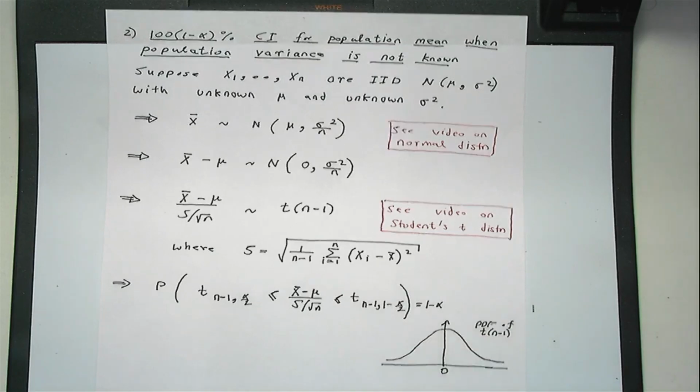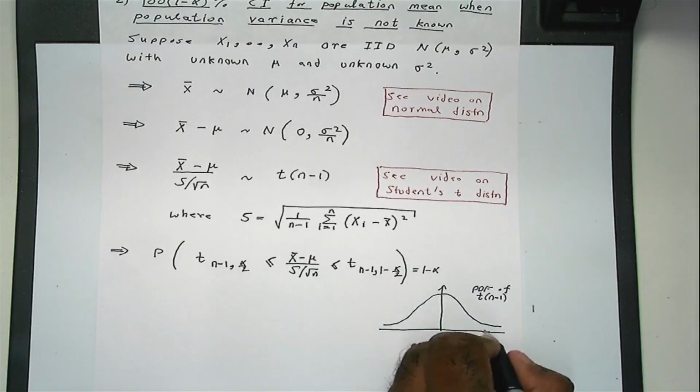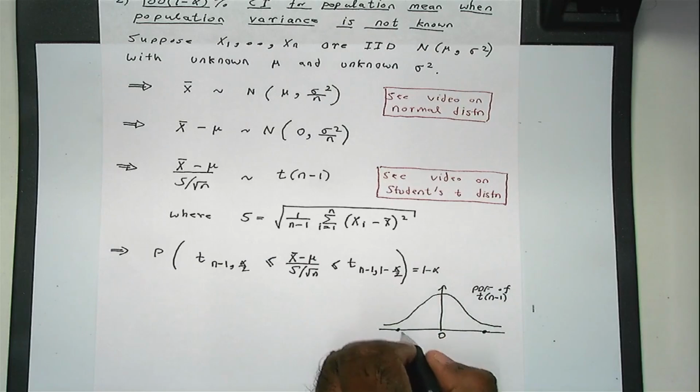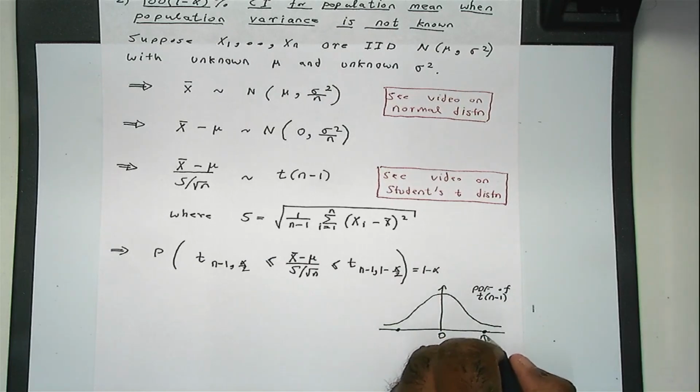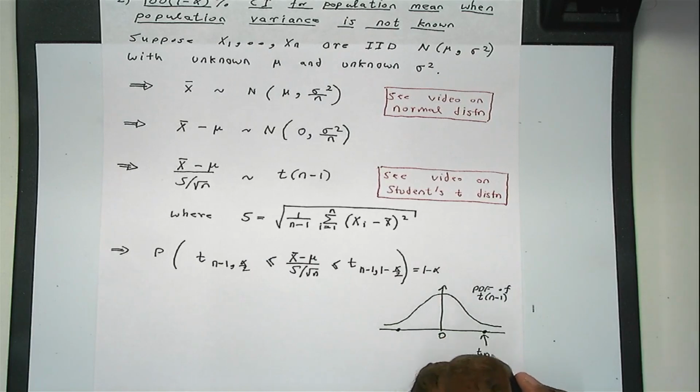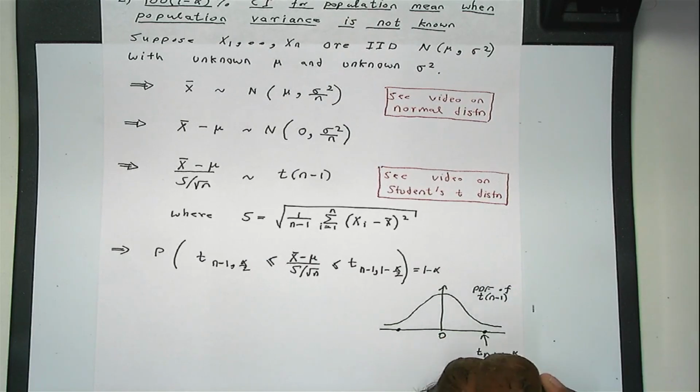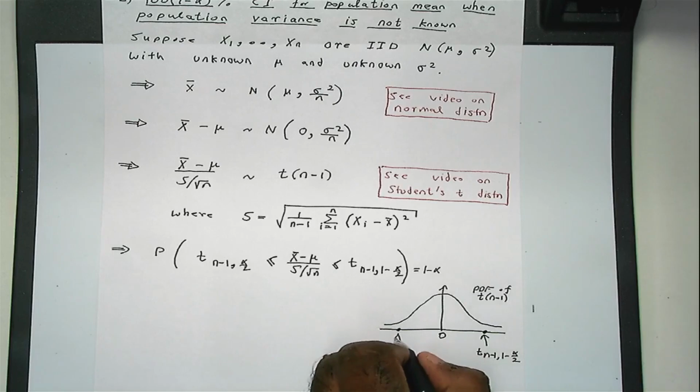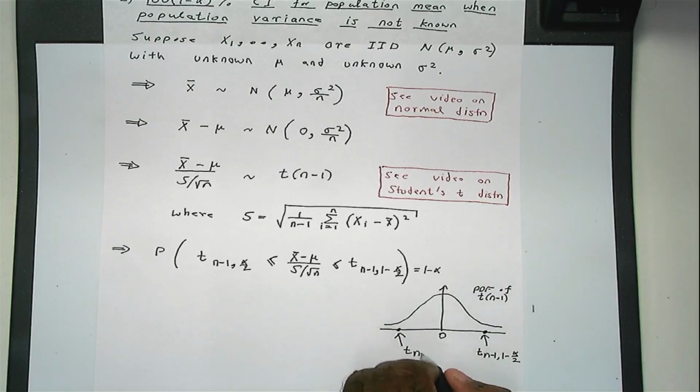Now you should take 2 points, say this one and this one, and if this is T n minus 1 minus alpha by 2, and this is T n minus 1 alpha by 2, right?